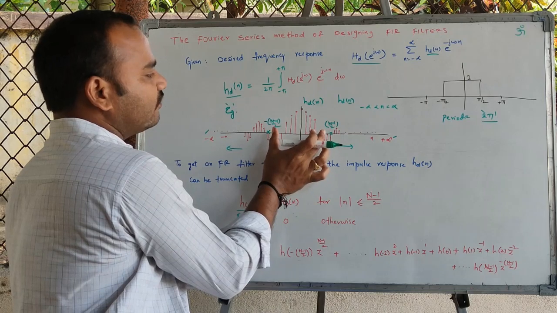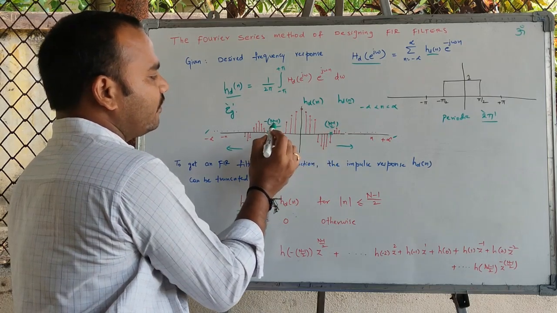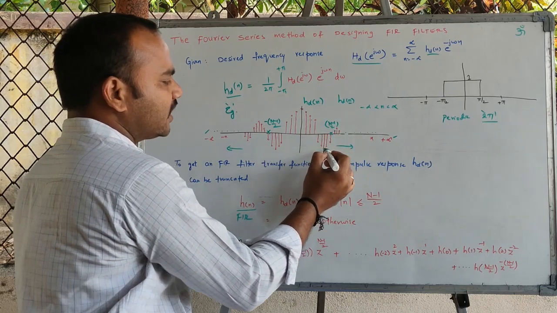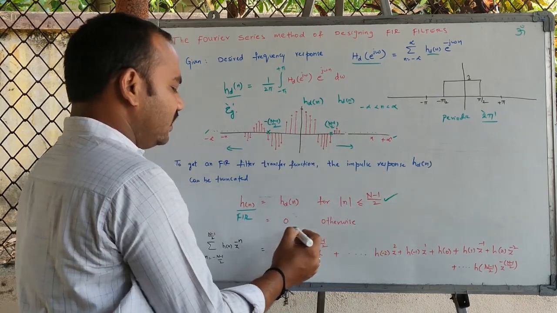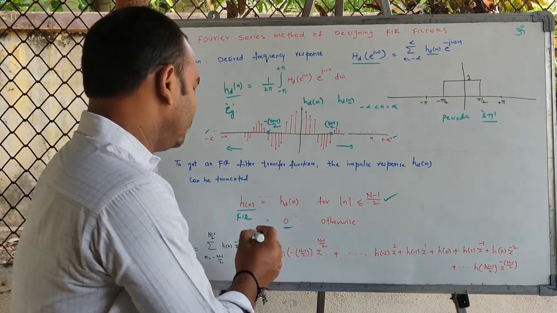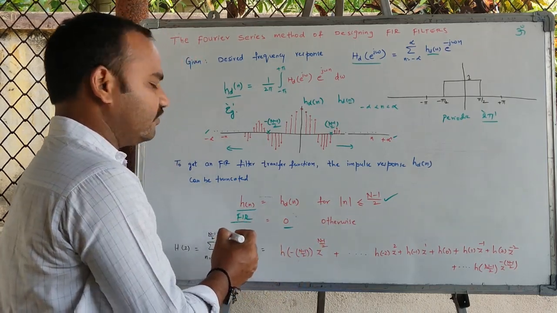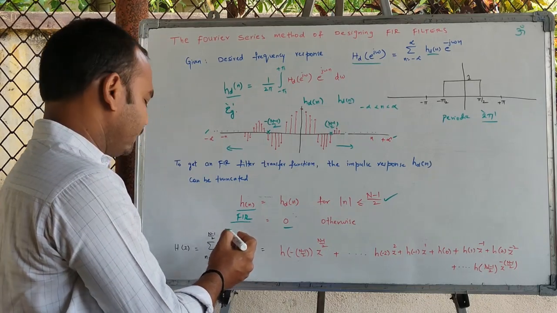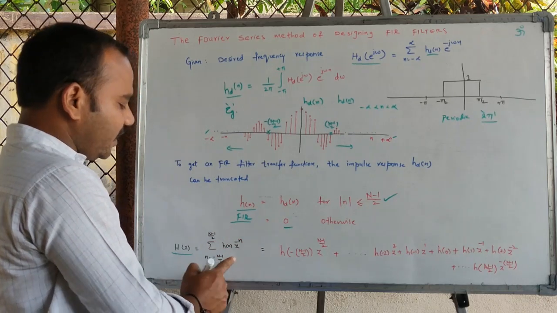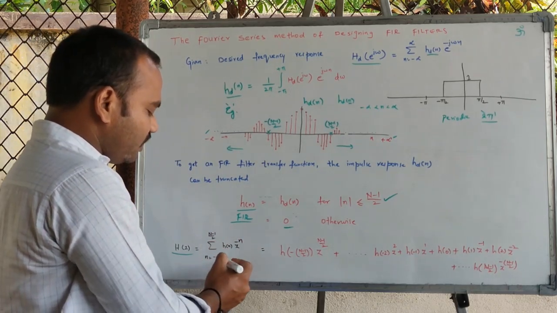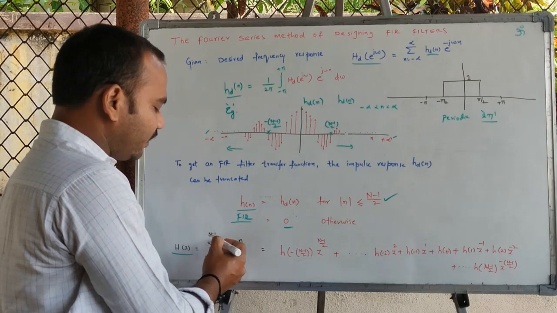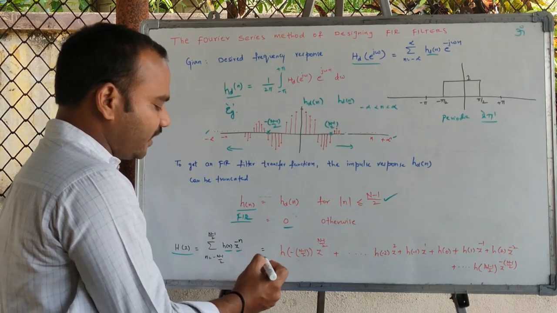Only a finite number of samples, from minus N minus 1 by 2 to plus N minus 1 by 2, are considered. The remaining samples are zeros. Now this is an FIR filter, a finite impulse response filter. If we compute the Z transform of this FIR filter, it will be the summation from n equal to minus N minus 1 by 2 to plus N minus 1 by 2 of h of n z power minus n.